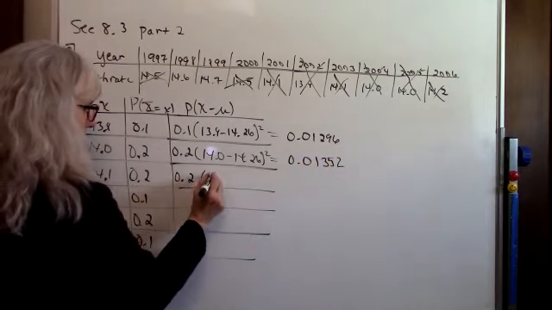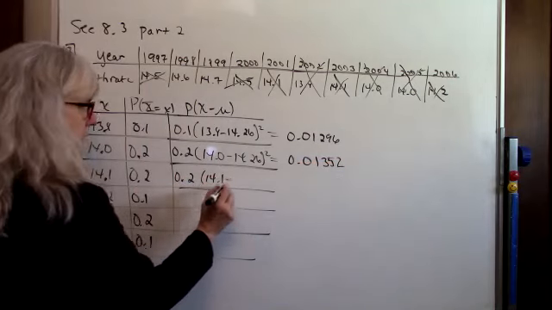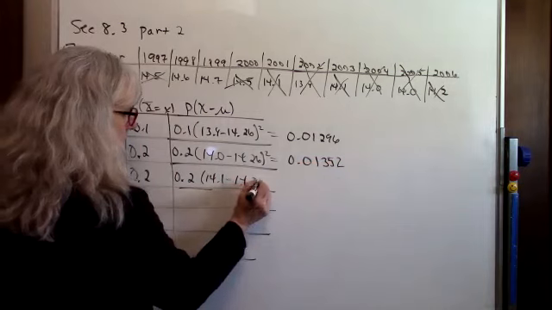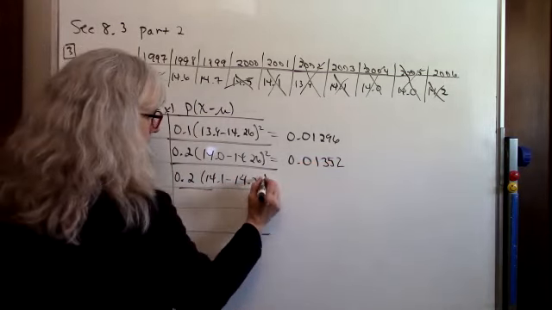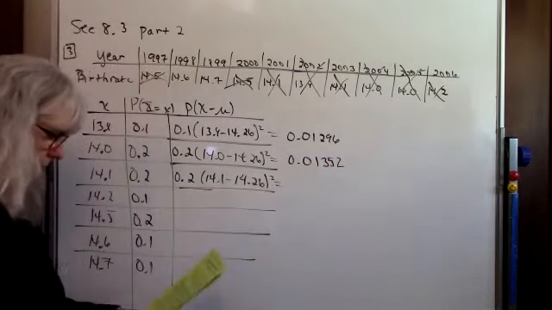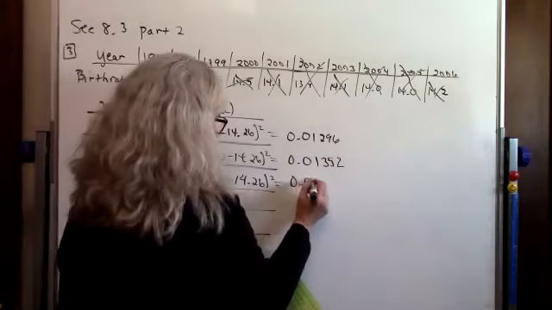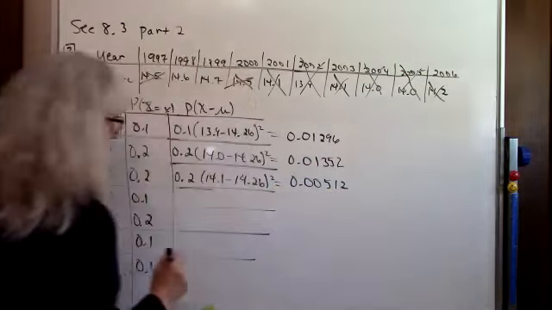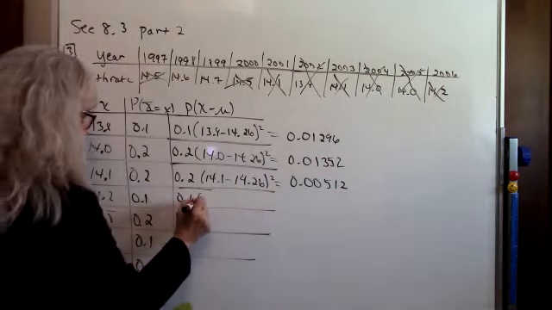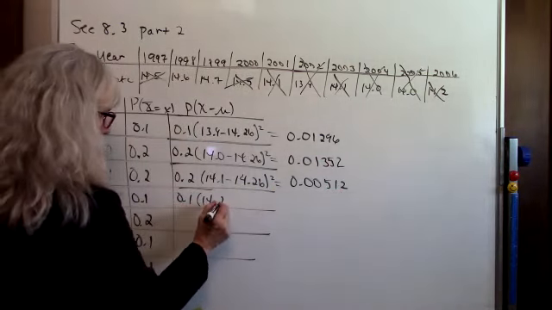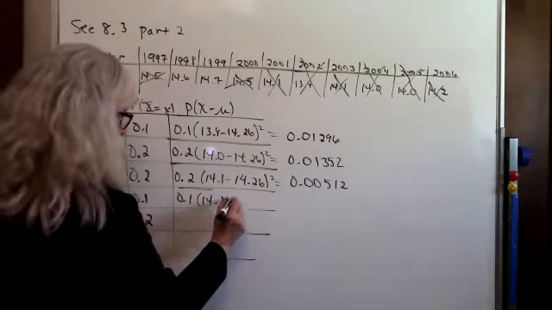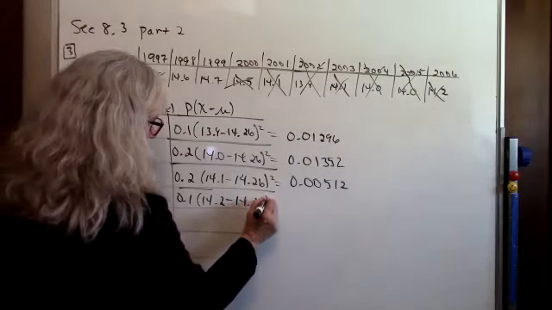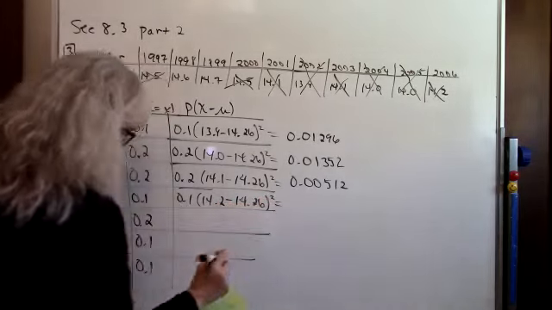The next row, we take our probability of 0.2 and multiply it by 14.1 minus the 14.26 quantity squared. And we have 0.00512. Next one is 0.1 times 14.2 minus the 14.26 quantity squared.